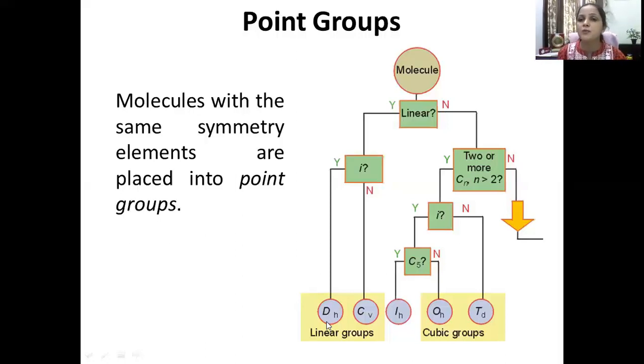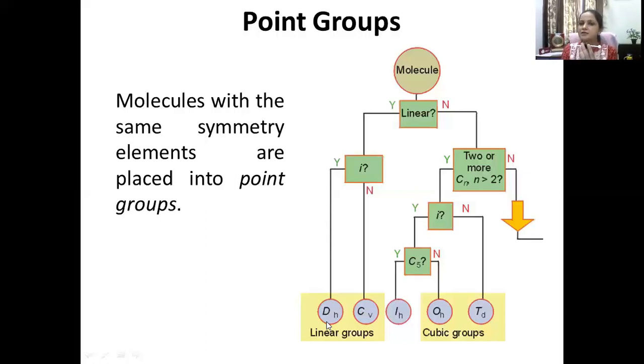And if the molecule has an inversion center, it means that if opposite atoms are connected through each other and pass through a common point, then the molecule possesses an inversion center. Suppose this is the example of carbon dioxide, where this is the carbon and these two are the oxygen atoms.